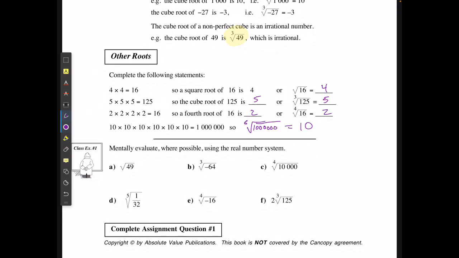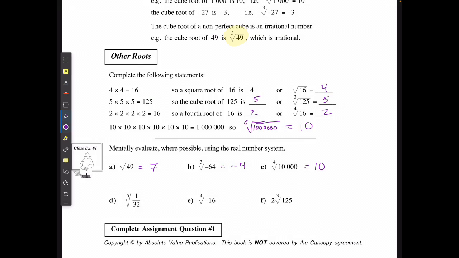So if that's true, then I could just take the square root of 49 and say it's going to be 7. If I take the cube root of 64, the number multiplied by itself 3 times to get 64 is going to be 4, and it's going to be the negative version of this. A number multiplied by itself 4 times that equals 10,000 is going to be 10.